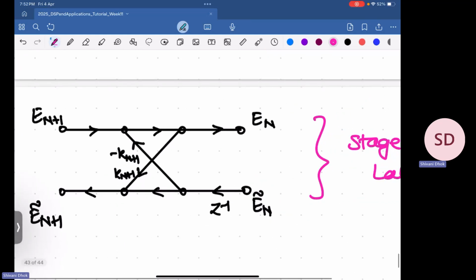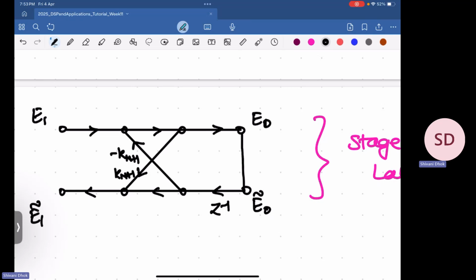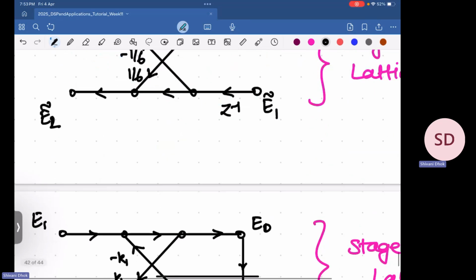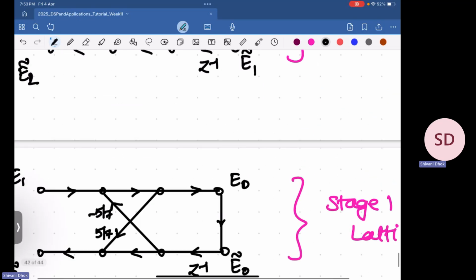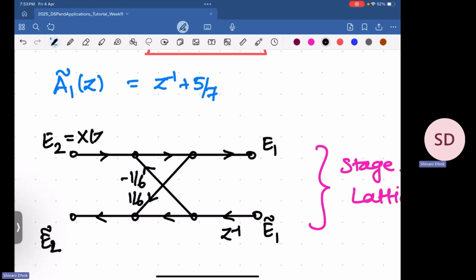So now what I have here, I'll have E1 and E1 tilde, and I'll have E0 and E0 tilde, and this E0 and E0 tilde are the same. Here I'll have K1 and minus K1 and K1. What is the value of K1 that we got? We got K1 as 5 by 7. So here I'll have minus 5 by 7, and here I'll have 5 by 7. Another thing to note here is this E2 will be equal to my x of z.